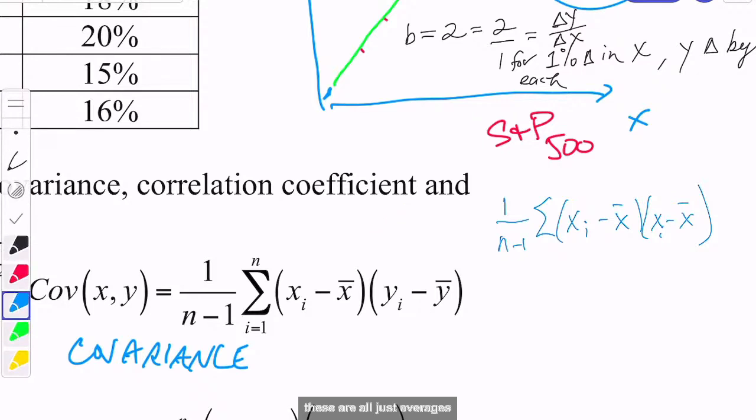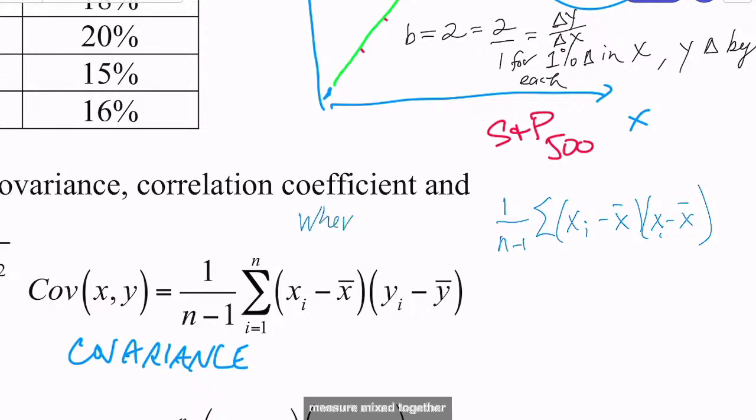All these averages. These are all just averages. And it's like an average and a relative measure mixed together. So what is that? Do you recognize what that is?